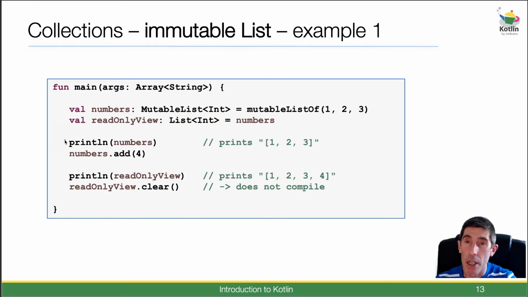We can then print out those numbers, and we get 1, 2, 3. We can add to those numbers, so that would add the element 4 at the end of the list. We can then print out the read-only list, because the read-only view is pointing to the numbers mutable list. But if we try and call clear to empty that list, we can't do it. That won't compile because the read-only view has been declared as a List, which again has read-only access.